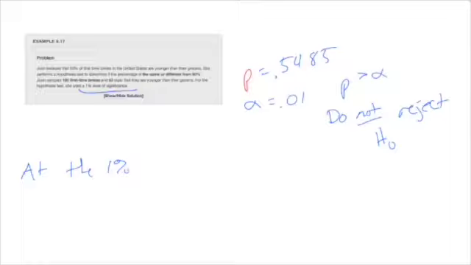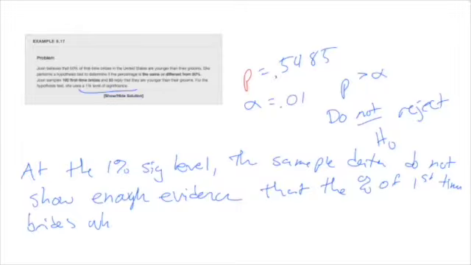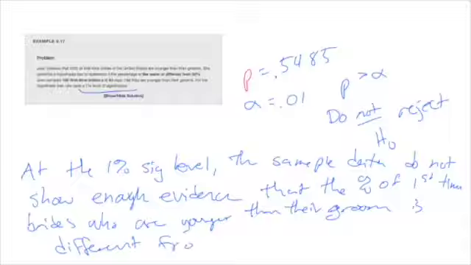So at the 1% significance level, the sample data do not show enough evidence or sufficient evidence that the percent of first-time brides who are younger than their groom is different from 50%.